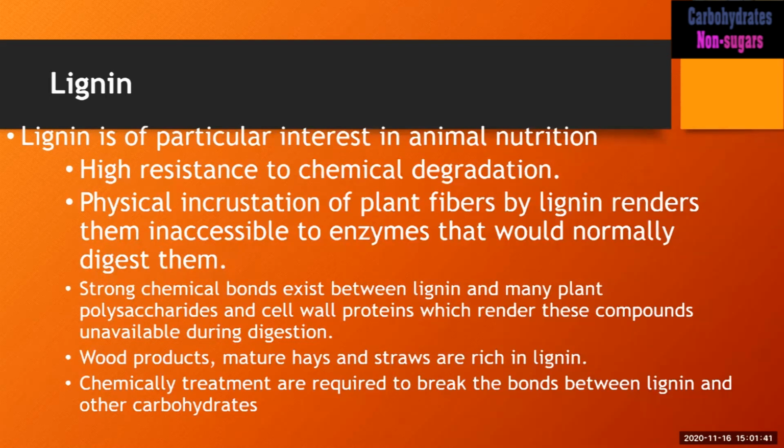Due to the physical incrustation of the plant fiber, it does not allow cellulase and hemicellulase enzymes to attack the cellulose and hemicellulose. So those cellulose and hemicellulose that are bound with the lignin, or in some cases physically incrusted, cannot be degraded by ruminant animals.